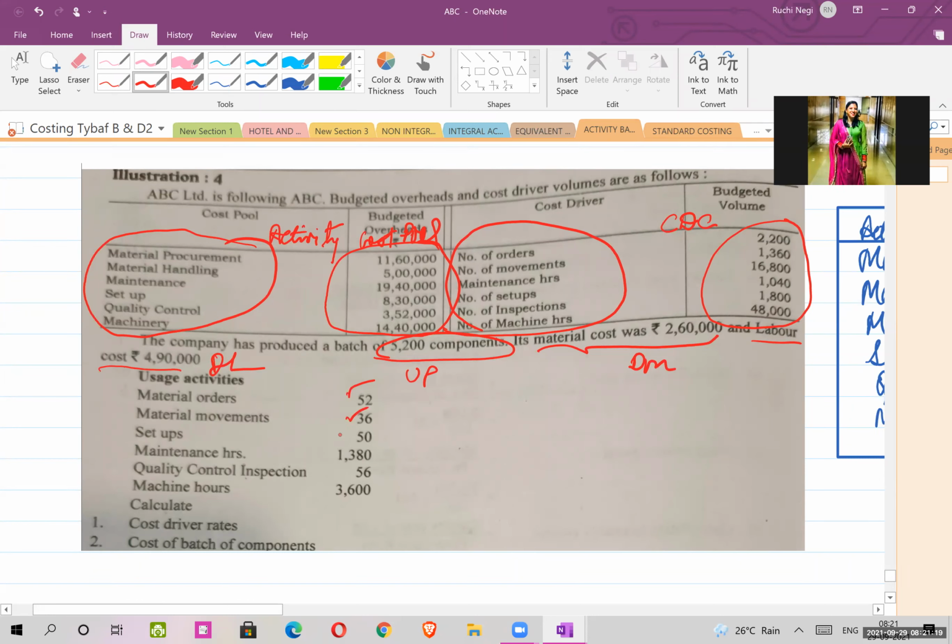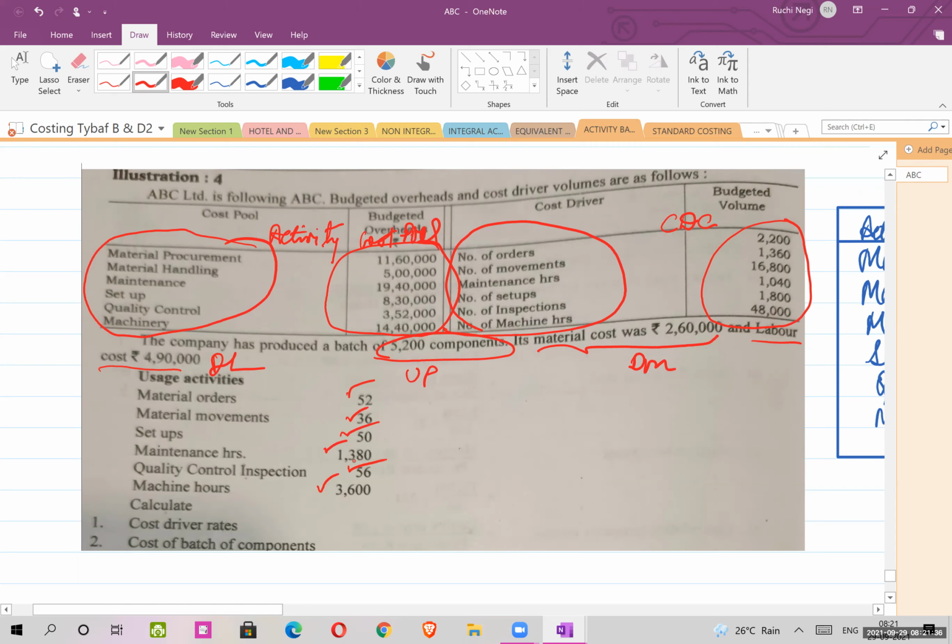Then setups 50, maintenance hours 1380, and quality control inspection 56, machine hours 3,600. So let us see how to use this information and for what purpose it can be handled. Calculate what they have said: cost driver rates and cost of batch of components.